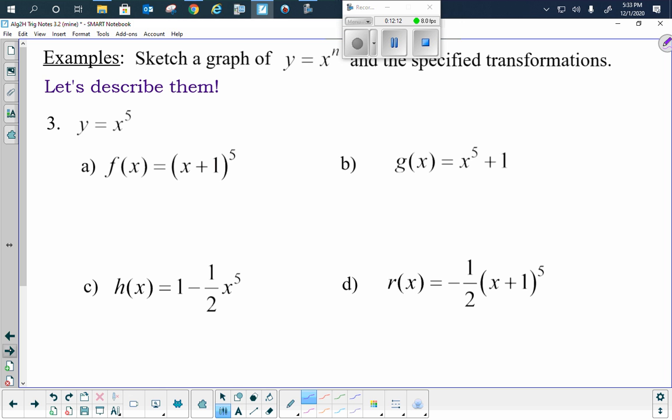All right, so now these, let's say sketch the graph of y equals x to the nth power and the specified transformations. Okay, and then let's describe them. Describing them is what we're going to do. So if our parent graph is y equals x to the fifth, you should have in your mind what that looks like real quickly. All I care about is the end behavior.